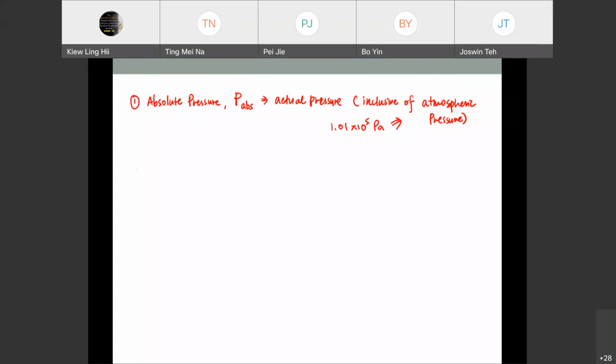So the second pressure is the gauge pressure, given by P subscript G. This is the pressure difference relative to atmospheric pressure.